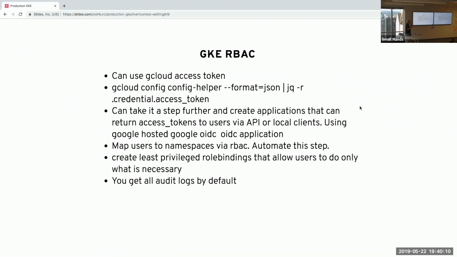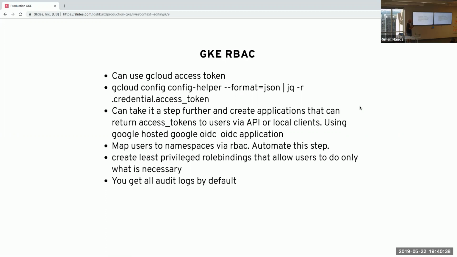So GKE RBAC, this is pretty cool. This is something that we actually like a lot. With the gcloud command tool, who here has used the gcloud command tool? Okay, so pretty much most people. You can actually just get an access token that you can use to communicate directly with your Kubernetes cluster just with this tool.